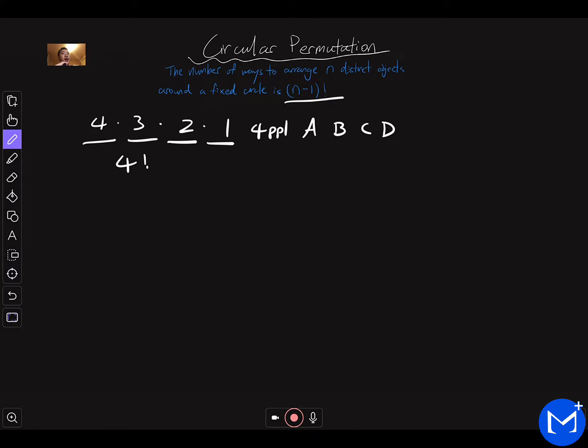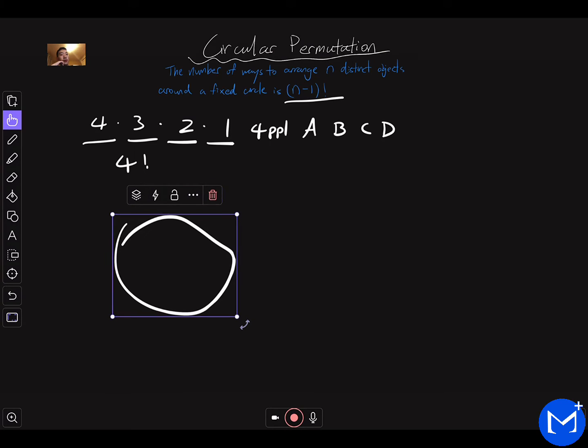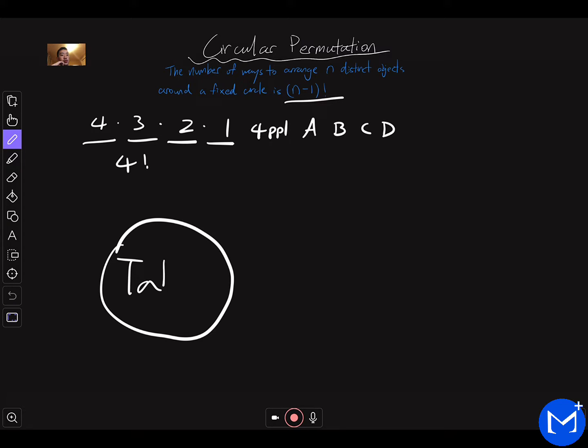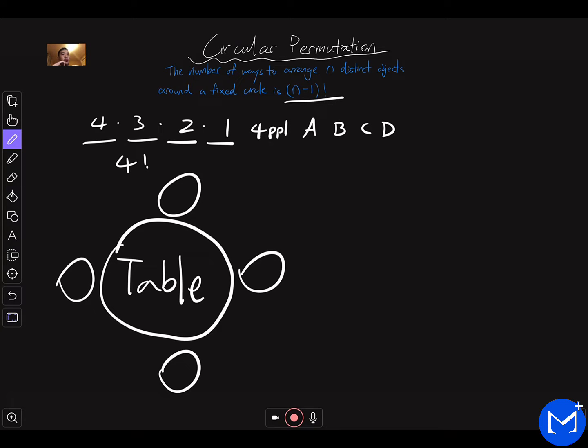Now we are going to talk about a case where these 4 people are arranged in a circle. How many ways are there? Let's draw a table first. It's a little ugly, but please bear with it. Okay, here's a table, and then we have 4 spots.